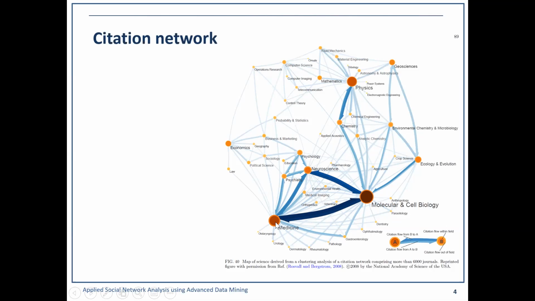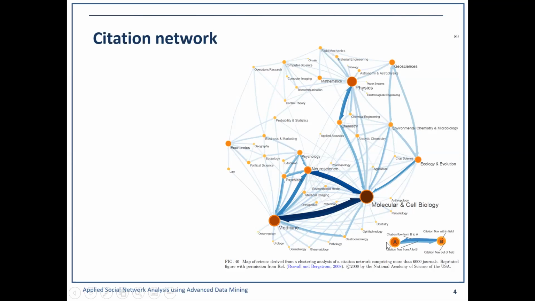For example, here we have, well, each link refers to citations. For example, papers from medicine cite papers from molecular biology, and vice versa. The size of the links is proportional to the number of citations among those two areas.